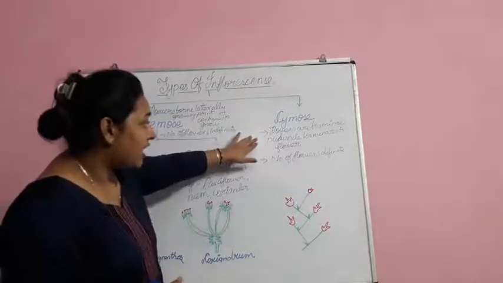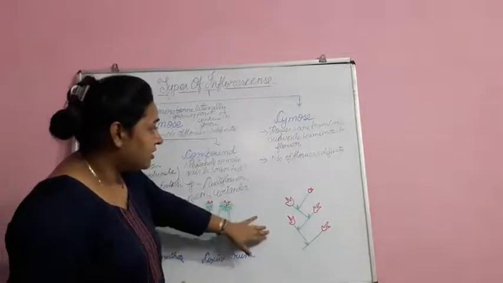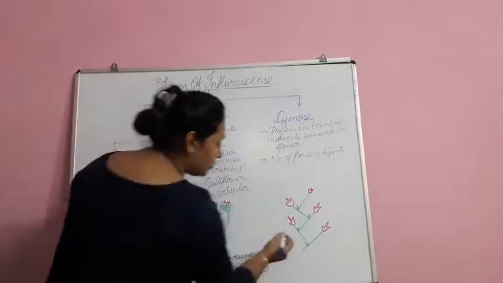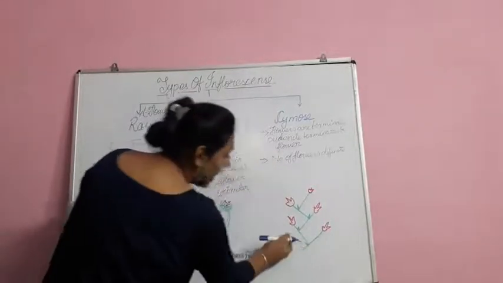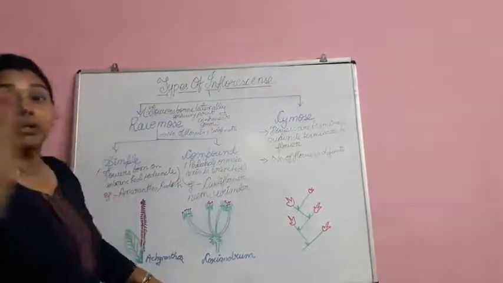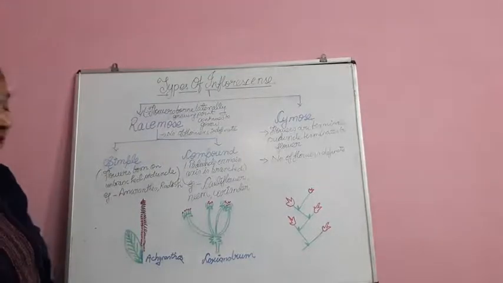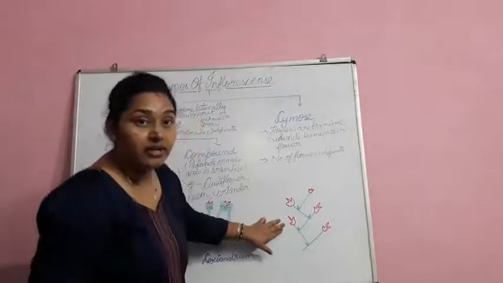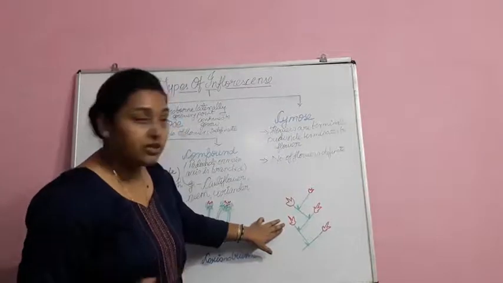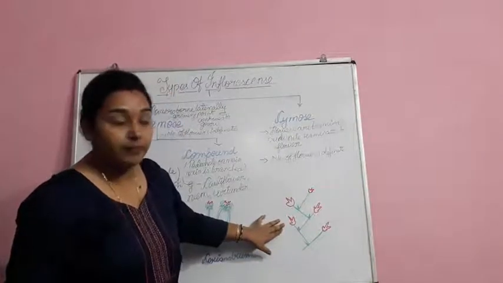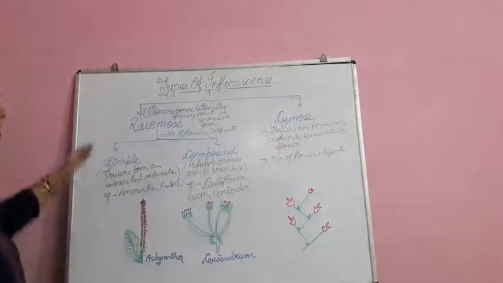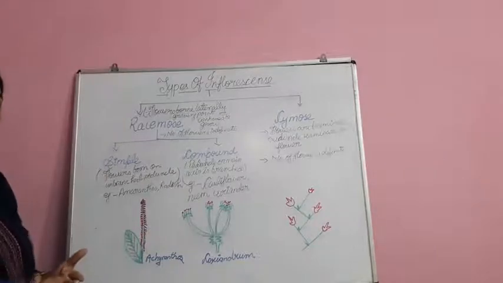The peduncle is terminal and terminates in the flower. So as you can see here, these are the peduncles and they will terminate, transforming themselves into the flower, and then that's it. There is no further differentiation. So this kind of difference is between racemose and cymose.